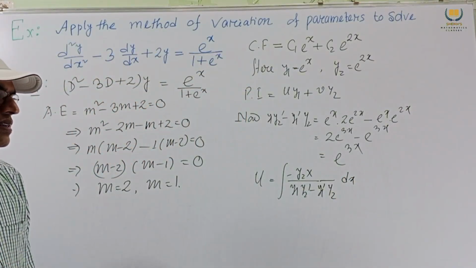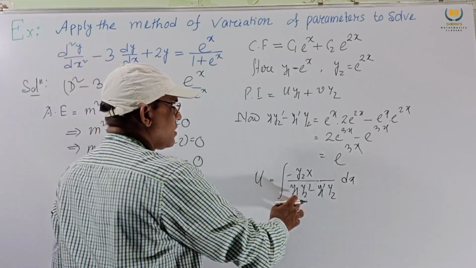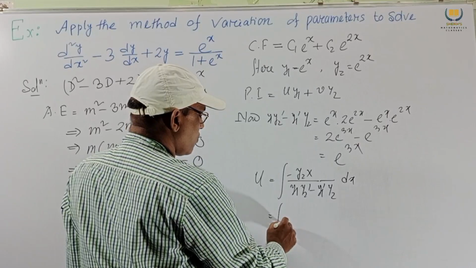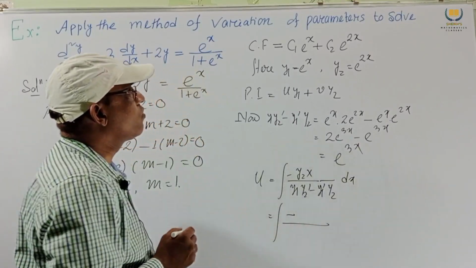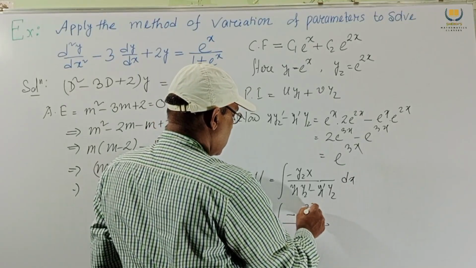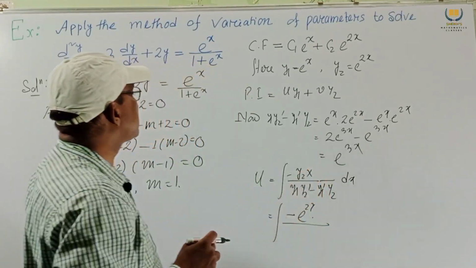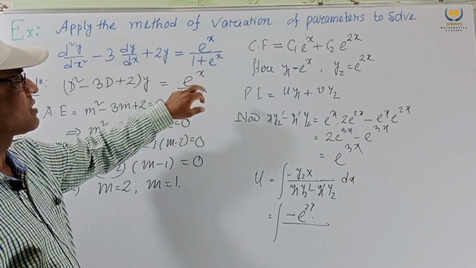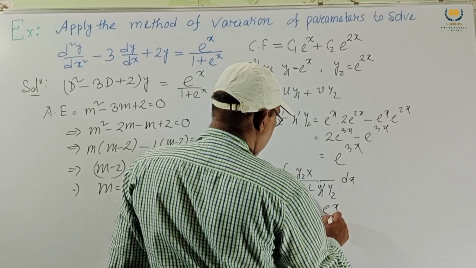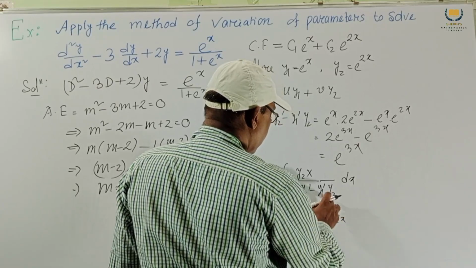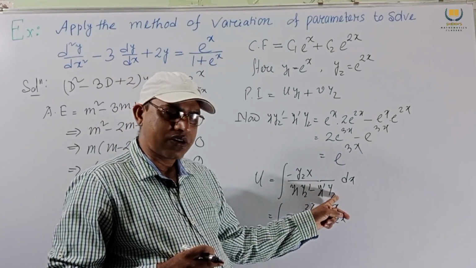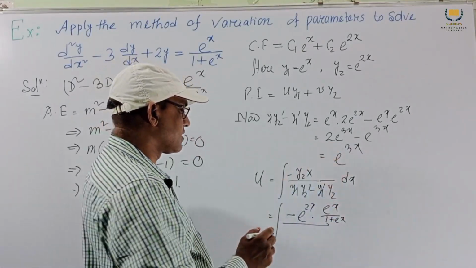Here y2 means e to the power 2x, and X means the right hand side, e to the power x by 1 plus e to the power x, divided by y1 y2 dash minus y1 dash y2, whose value is e to the power 3x.